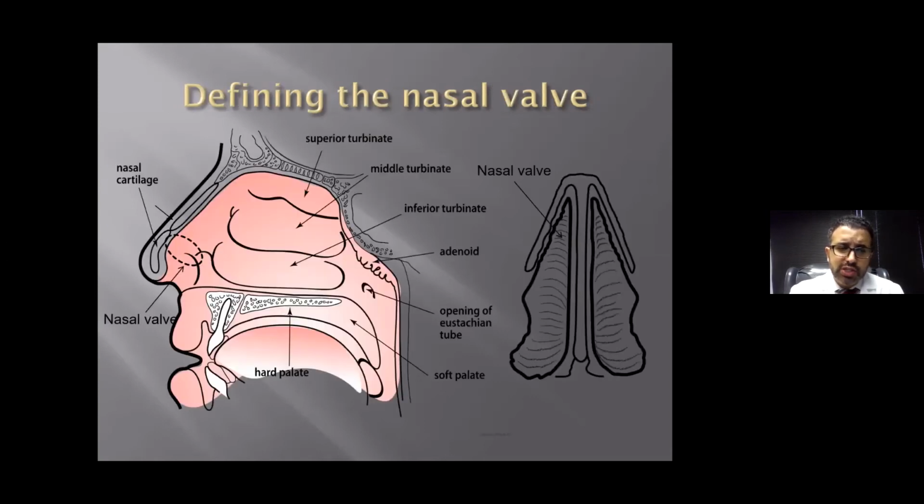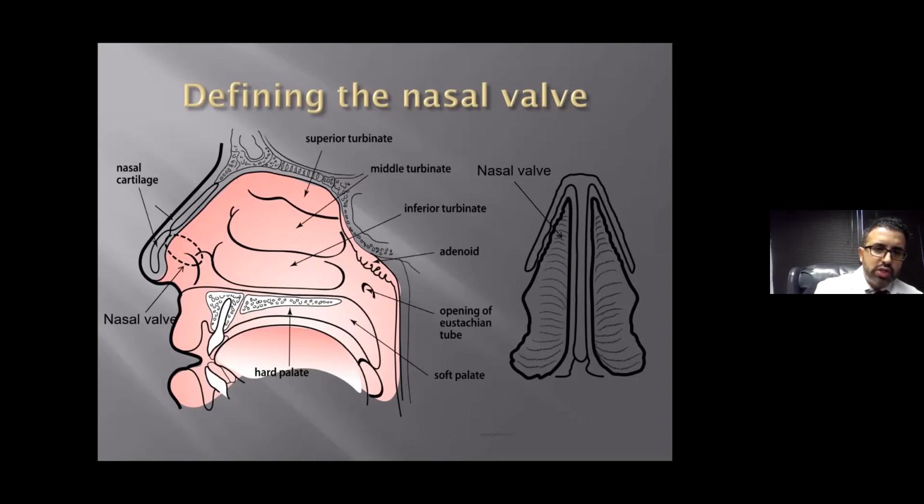So first of all, we need to define some of the anatomy here. This is a side view of the nose, and you can see these structures, labeled inferior turbinate here on the bottom.